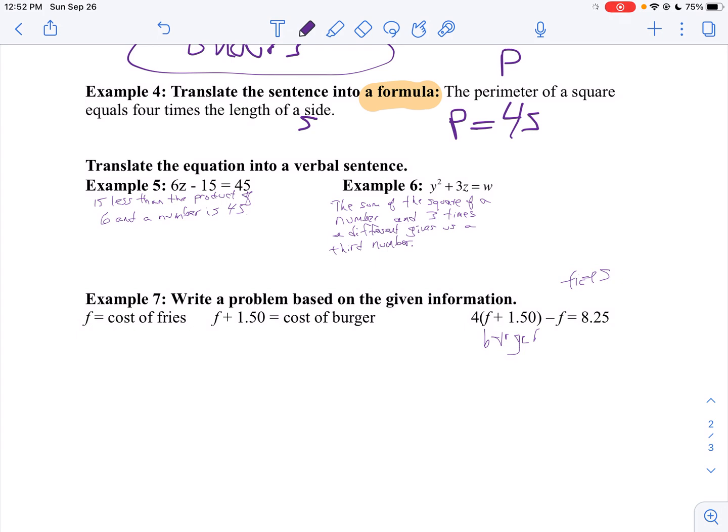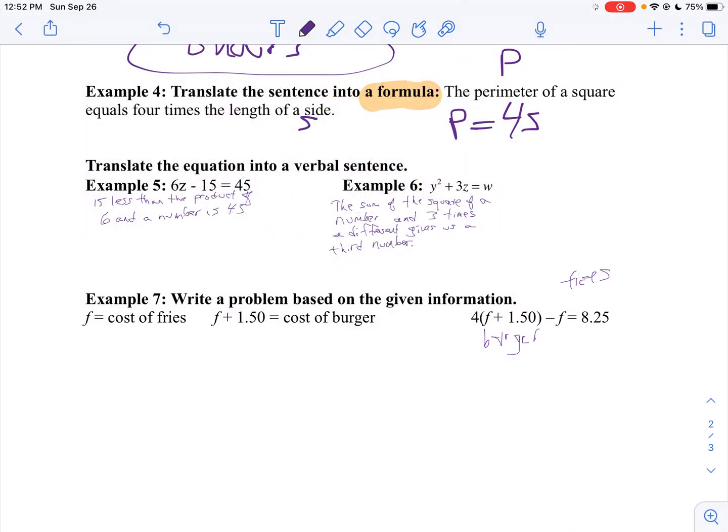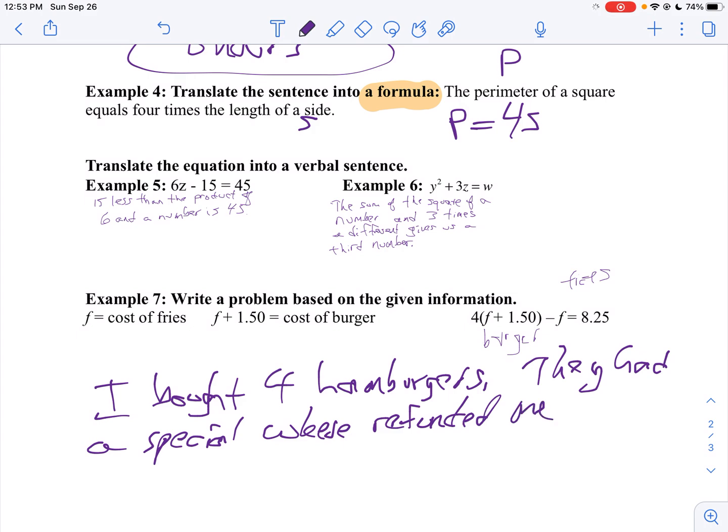So we could say, let me make this a little bit thicker so you can see. I bought 4 hamburgers. They had a special where they refunded me the cost of the fries.